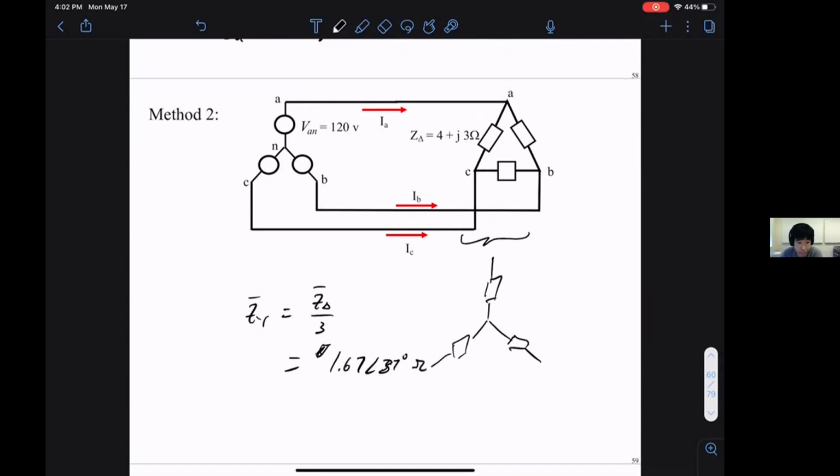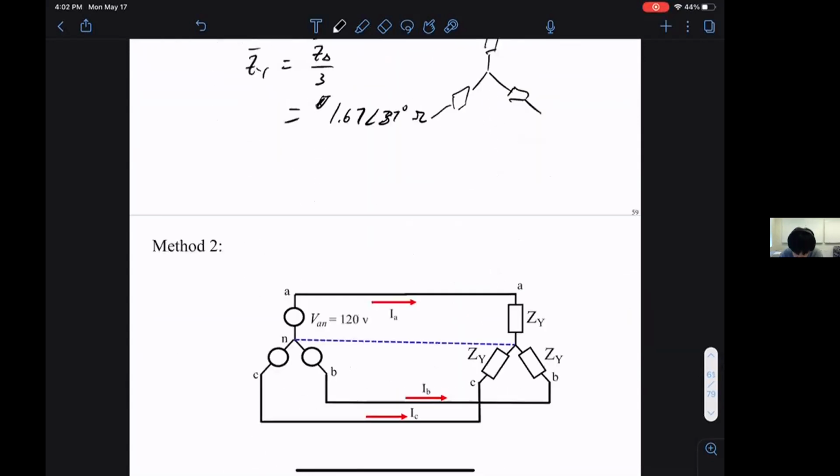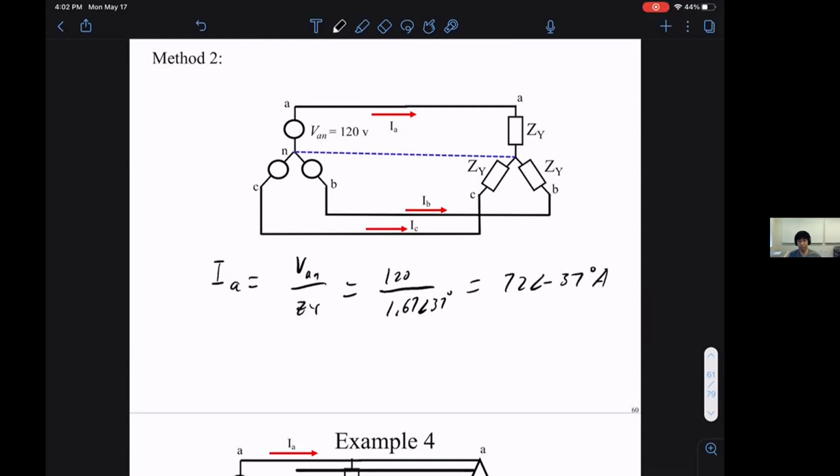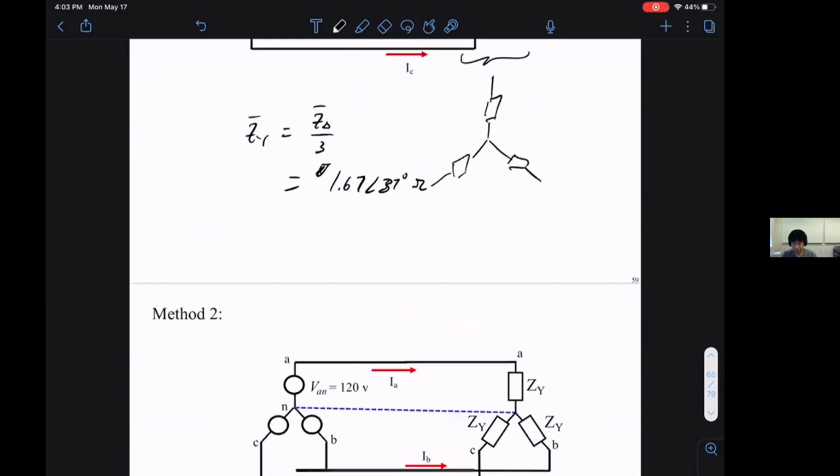I can convert this to a Y load, then my calculation becomes very easy. IA is VAN over ZY, 120 over 1.67 angle 37 degrees, which is 72 angle minus 37 degrees. So I can do it both ways, but in general, converting the load to match the generation is much easier.